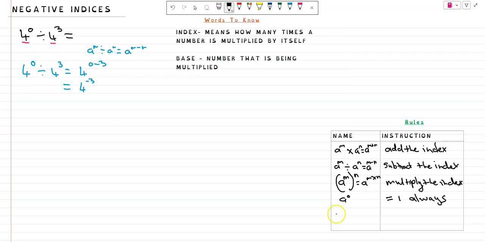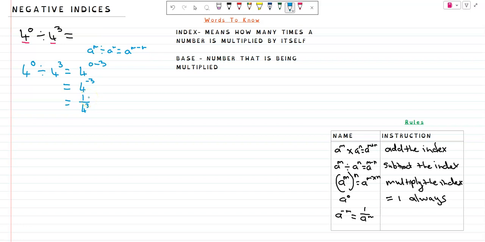When we have a to the power of negative m, that would be equal to 1 over a to the power of m. And that allows us to actually solve the equation. We're going to see that now. So the way that we need to write this out is equals 1 over 4 to the power of 3. Okay, so that is then the correct answer.